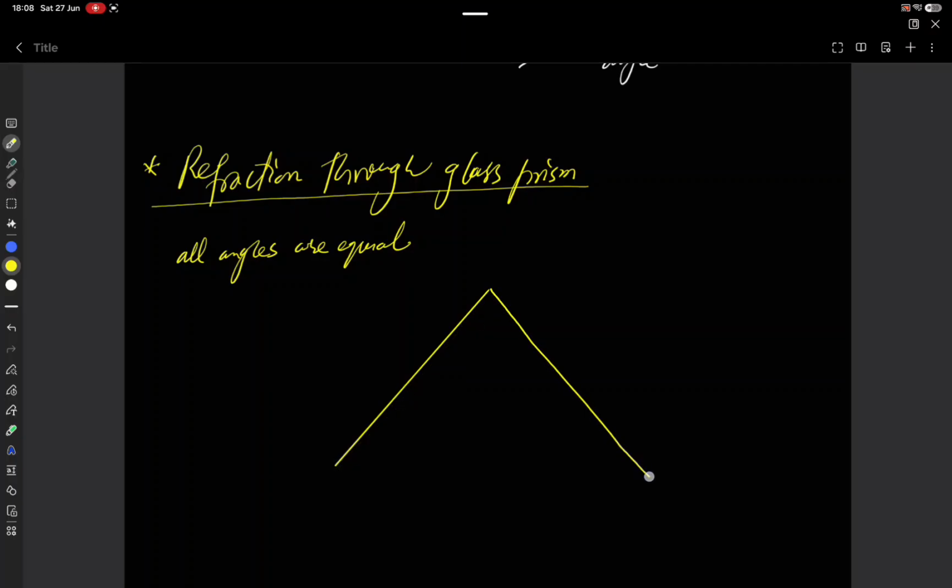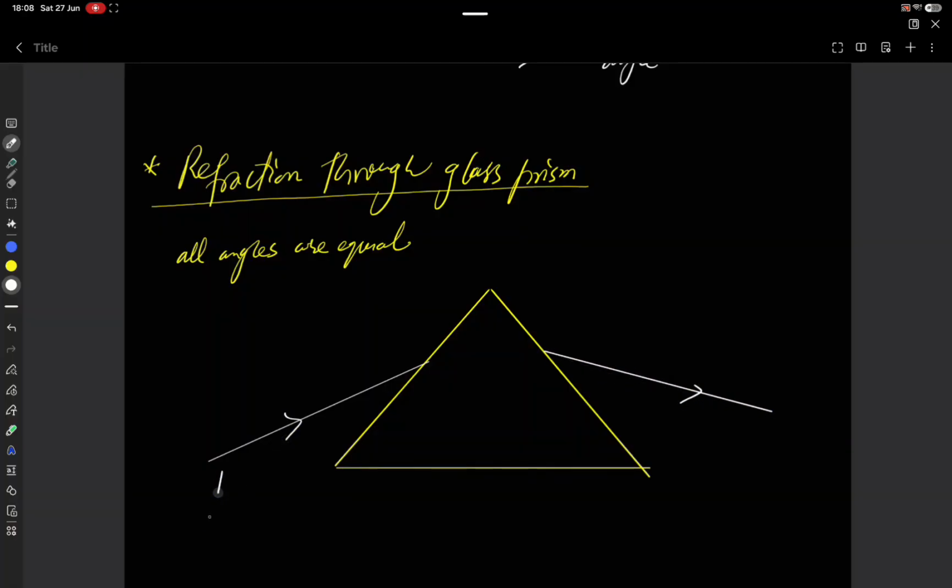So we have this glass prism. This is my incident ray, this is my emergent ray.